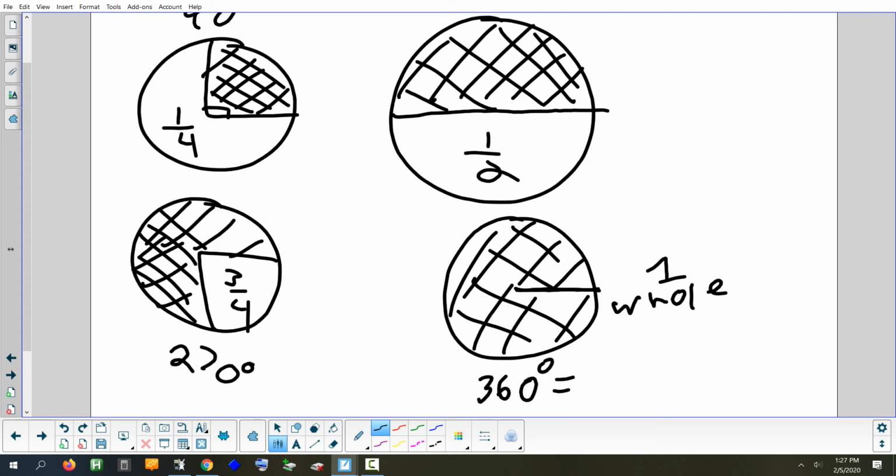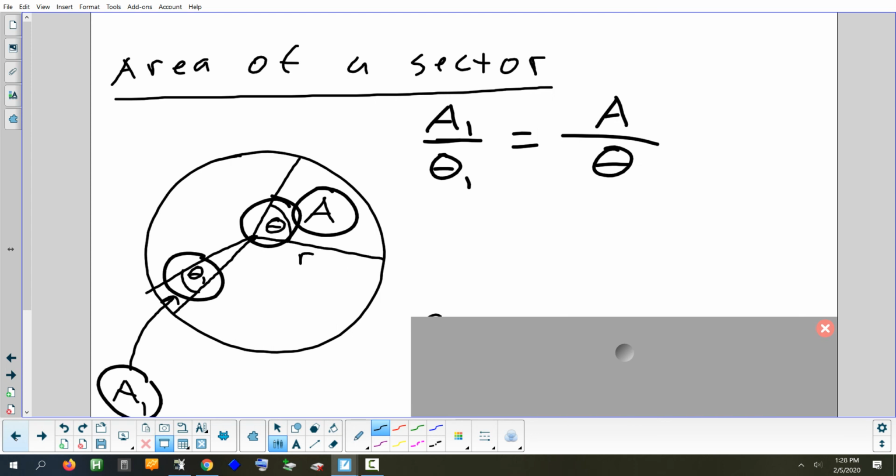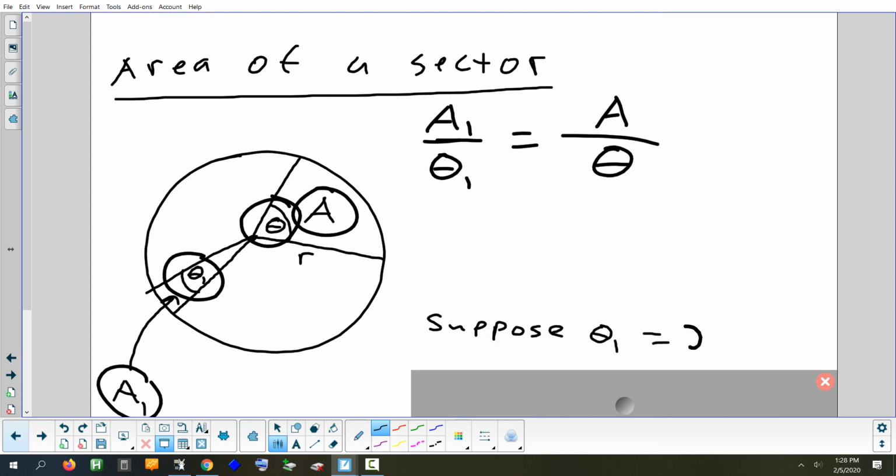Now, we want to think of this one in radians again. So, anyone remember from yesterday what 360 is the same as? 2 pi. All right. So, if your angle is 2 pi, the area is the whole circle. So what we're going to do is suppose this time theta 1 is 2 pi.